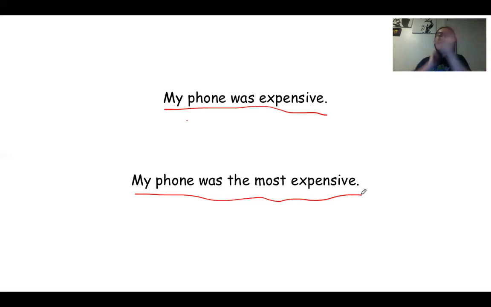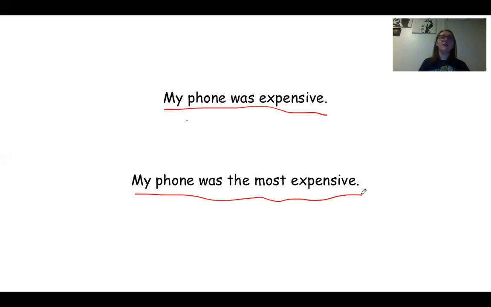So of all the phones that you could have bought at the phone store, it was the most expensive, meaning it cost more money than all of the other phones.